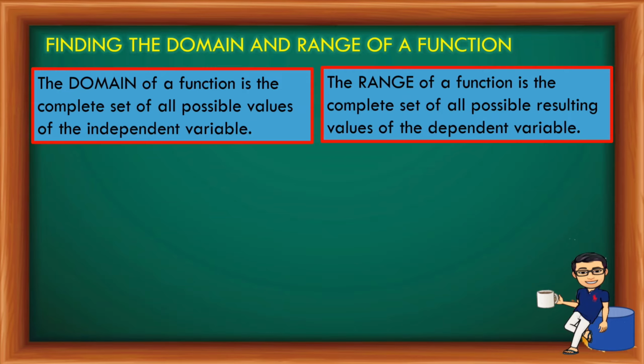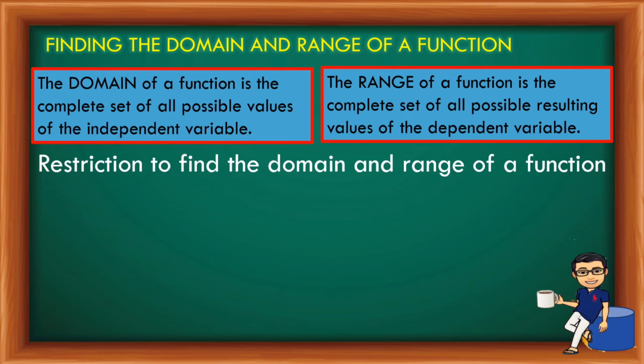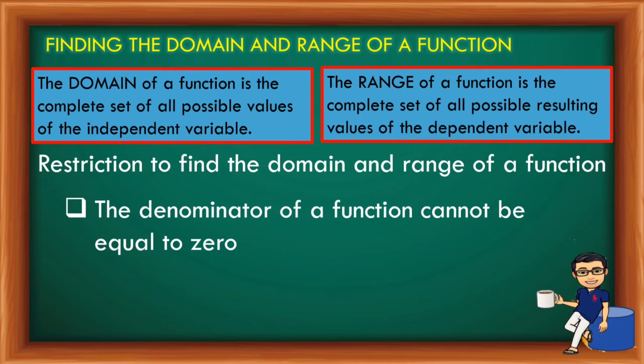At kapag hahanapin na natin ang domain and range of a function represented by each equation, dapat alam natin ang restriction. At may dalawa tayong restriction na dapat malaman. Ang una, the denominator of a function cannot be equal to 0.